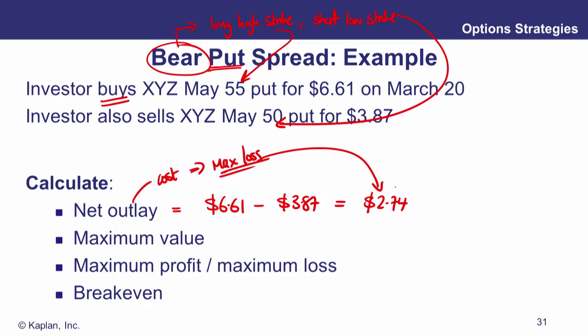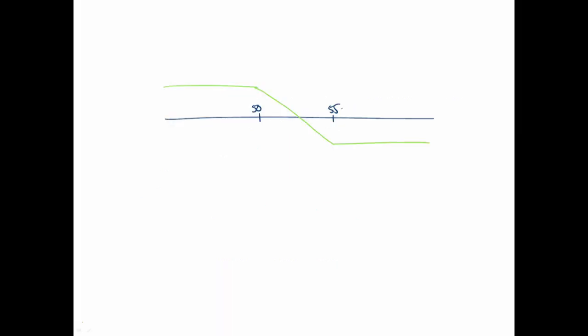So what you've just calculated through your net premiums, that's an outflow. This is a debit spread, that's an outflow. You've just calculated your maximum loss right there. Doesn't get any worse than that. $2.74, you've just calculated that maximum loss right there. $2.74.